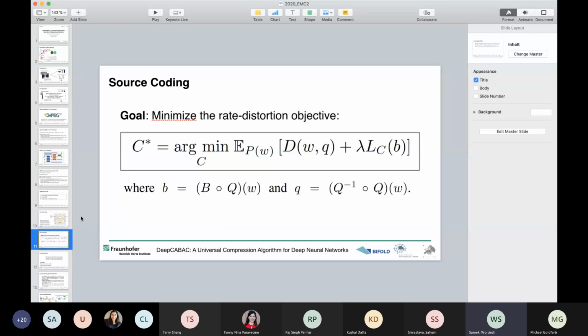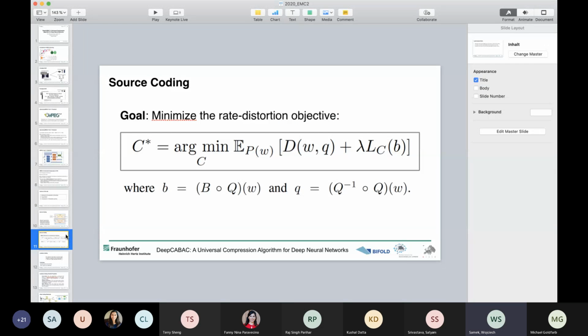So you have some goal, which is to minimize the rate distortion objective, where you have some distortion between the W and the Q. So between the true input of your signal and the reconstructed, quantized one. And you have some term LC, which measures the length of your binary string in this case, which is the rate of your code.